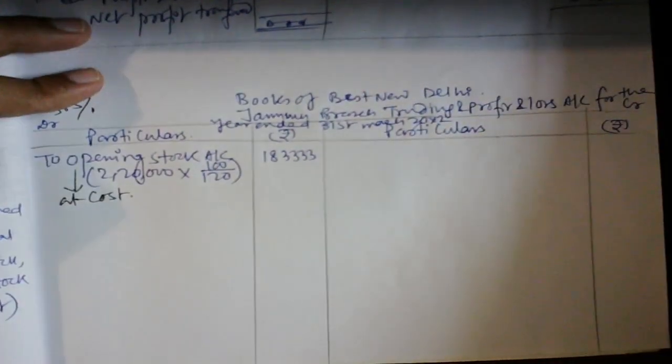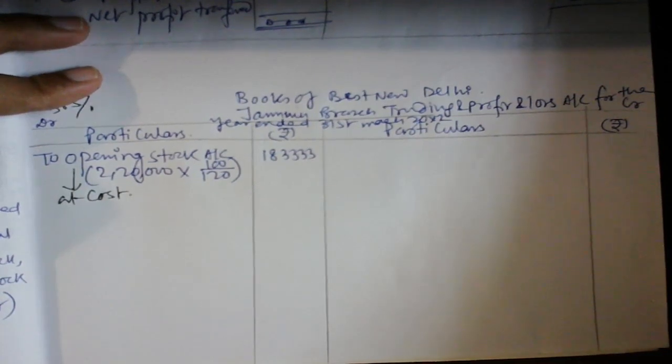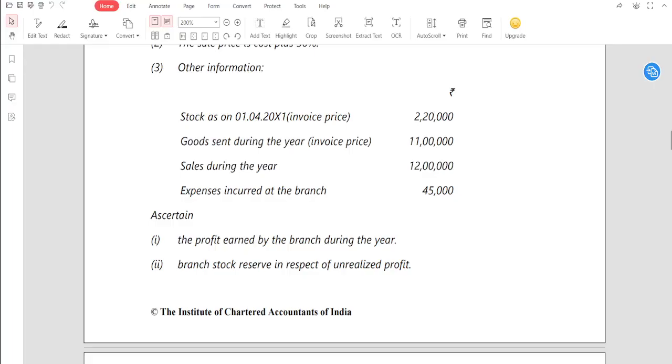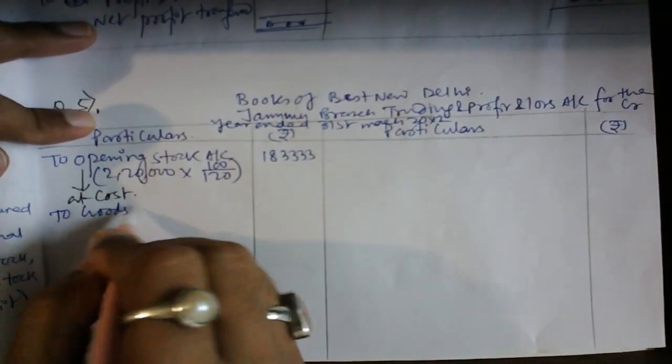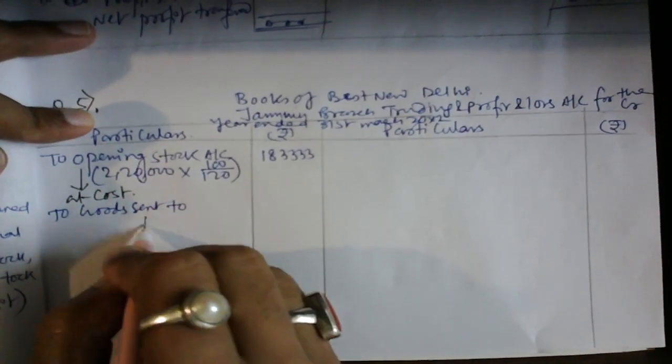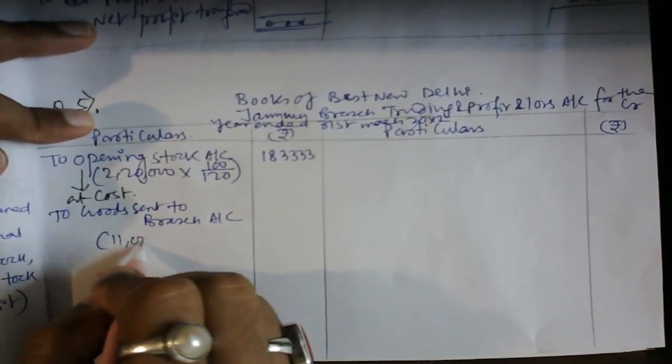Now let's see, after this, what we have. We have some goods sent during the year, 11 lakh rupees. Sales 12 lakh, and expenses at the branch 45,000. So goods sent to the branch 11 lakh.